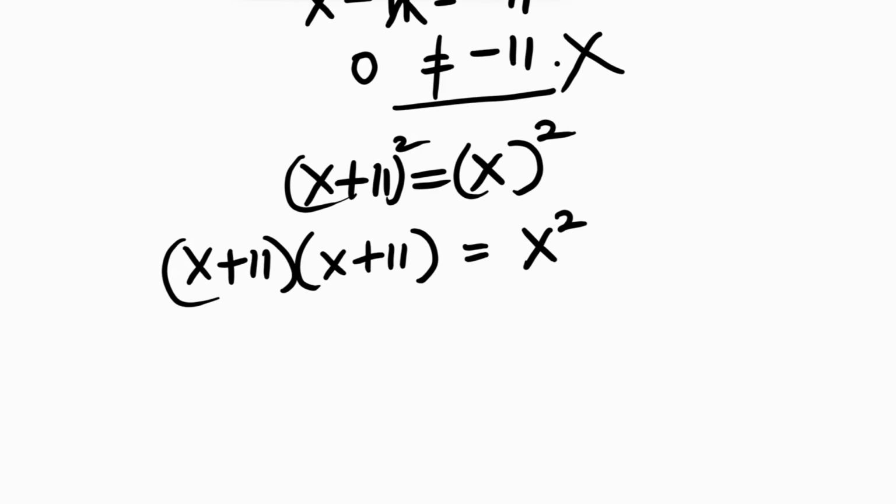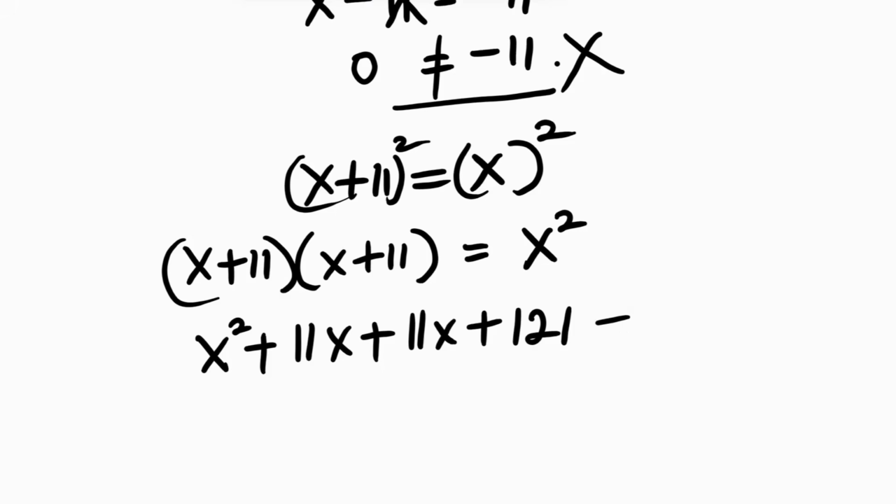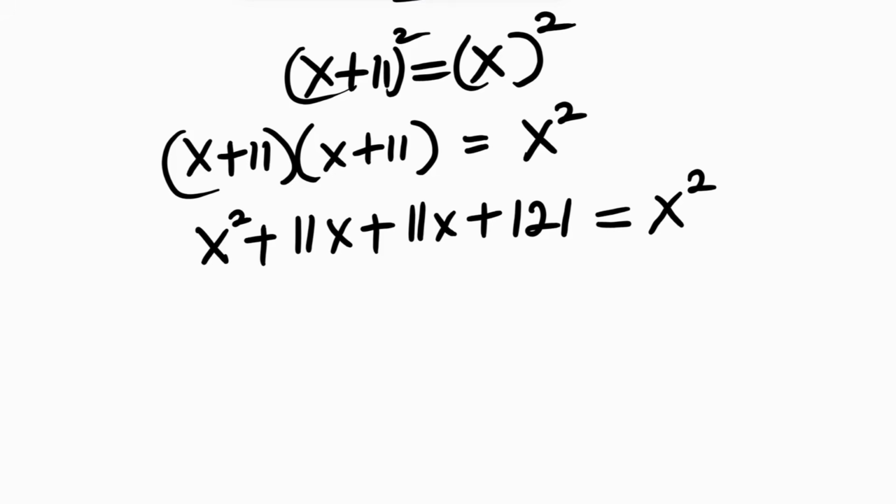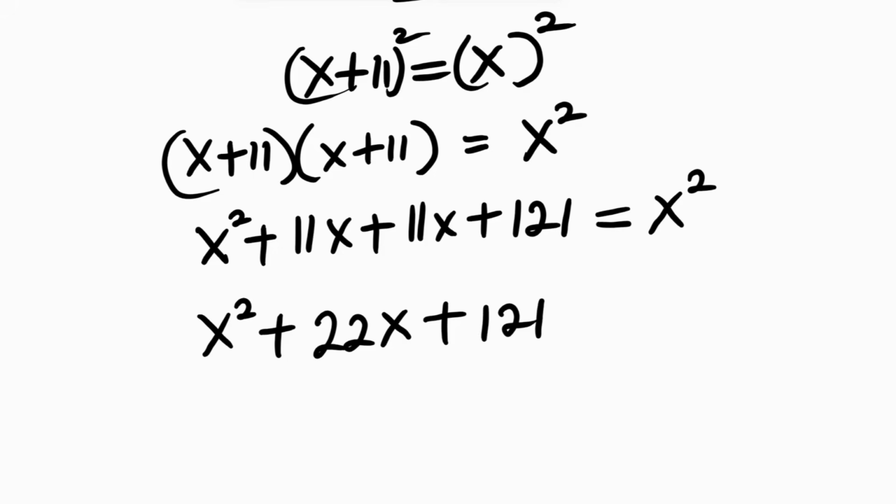So let us expand what we have on the left-hand side. x times x will give us x squared, plus 11x plus 11x, plus 11 times 11 will give us 121, equals x squared. Okay, so now we have x squared plus 11 plus 11 will give us 22. So that becomes 22x plus 121 equals x squared.